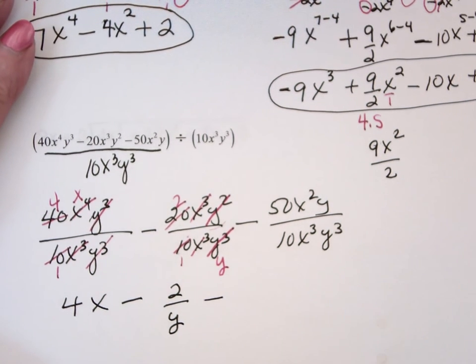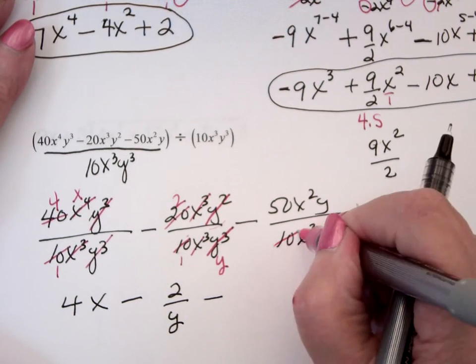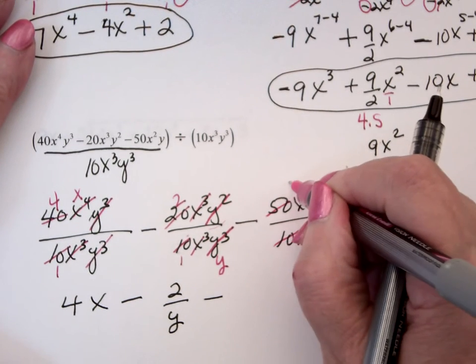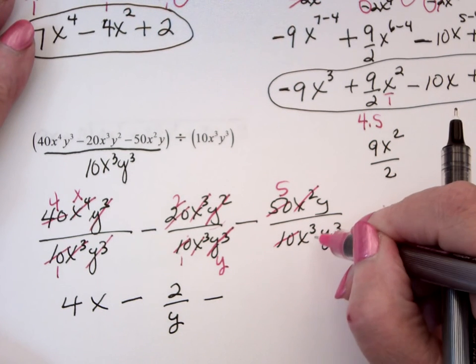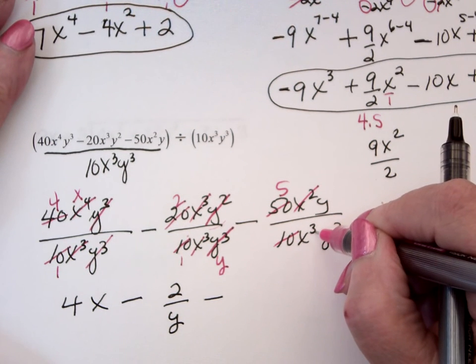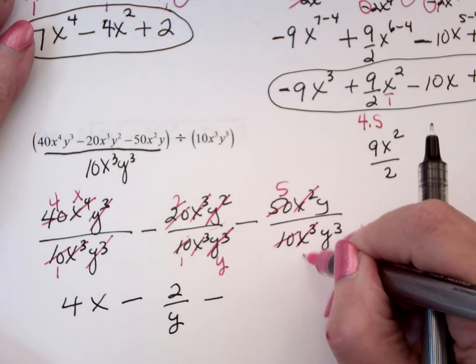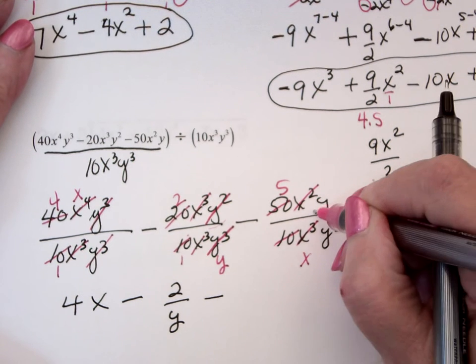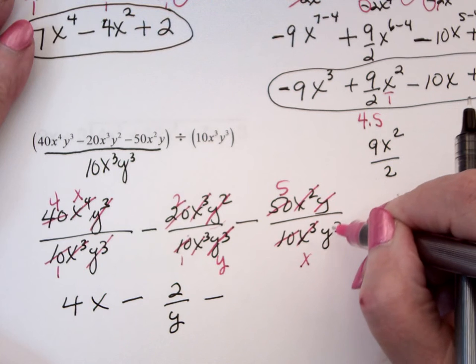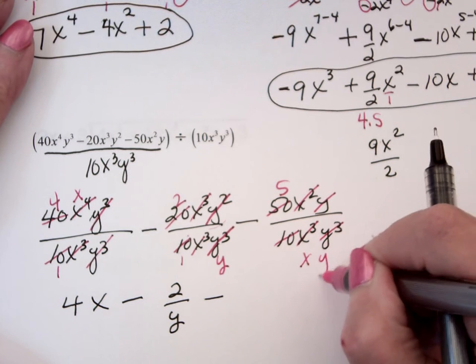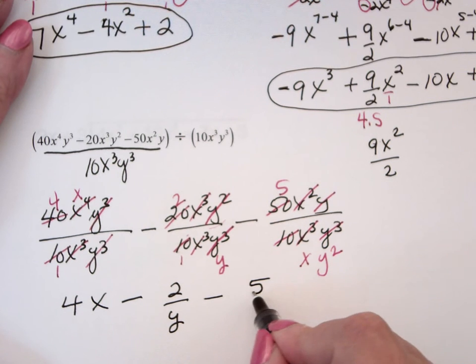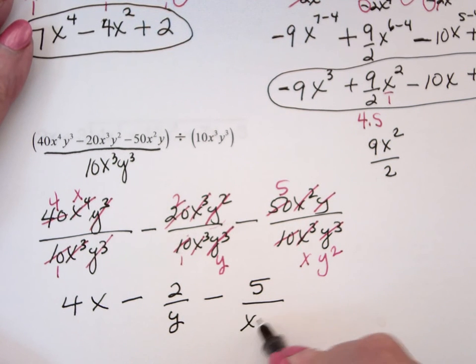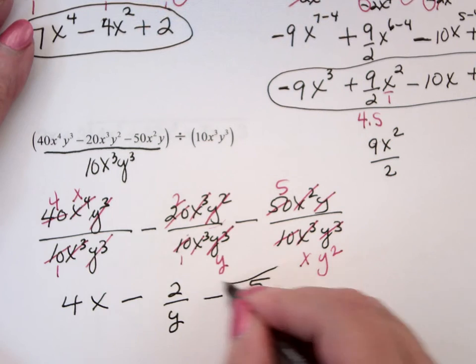Minus 10 takes out the 50, giving me a 5. X squared takes out 2 of those 3, gives me a single x. Y to the 1 takes out 1 of those 3, leaving me with a y squared. So I'm left with 5 in the numerator and xy squared in the denominator.